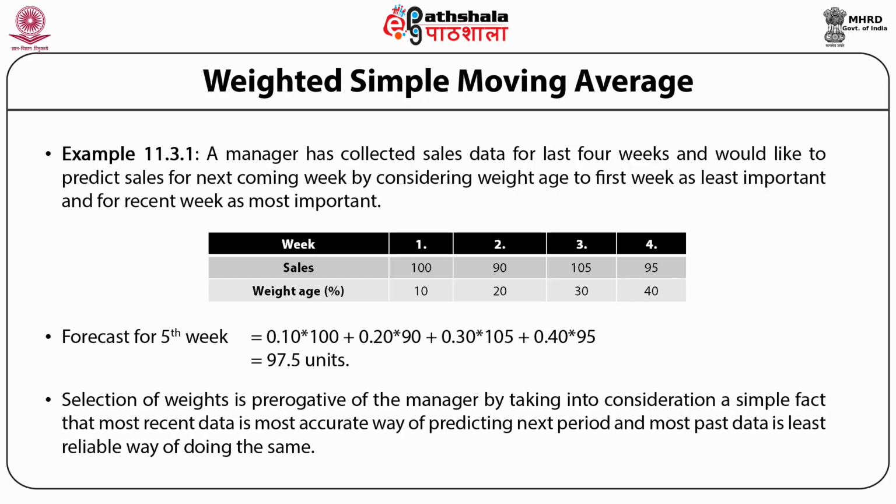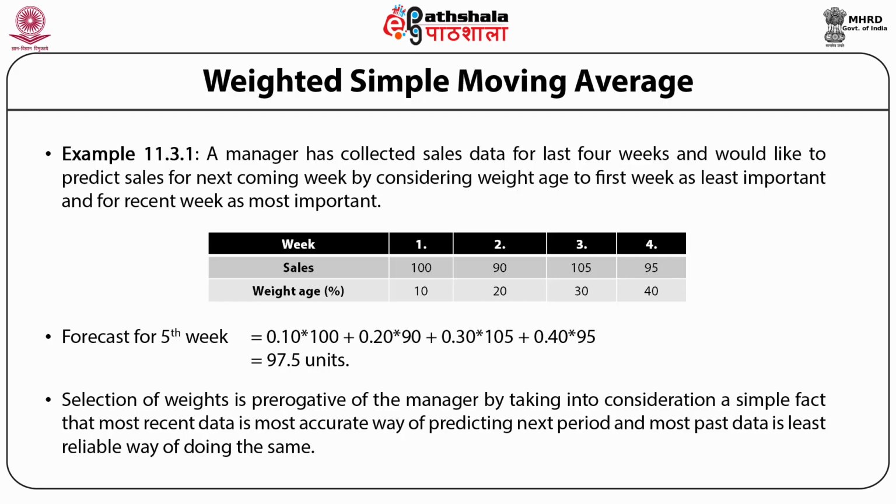The weightage for each week is multiplied by the actual demand for that week and then the sum is taken for all the weeks, which is 0.10 into 100 plus 0.20 into 90 plus 0.30 into 105 plus 0.40 into 95, which would give us 97.5 units.